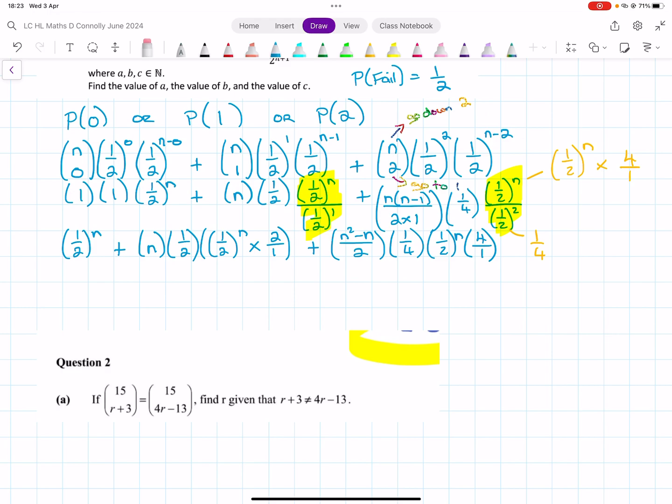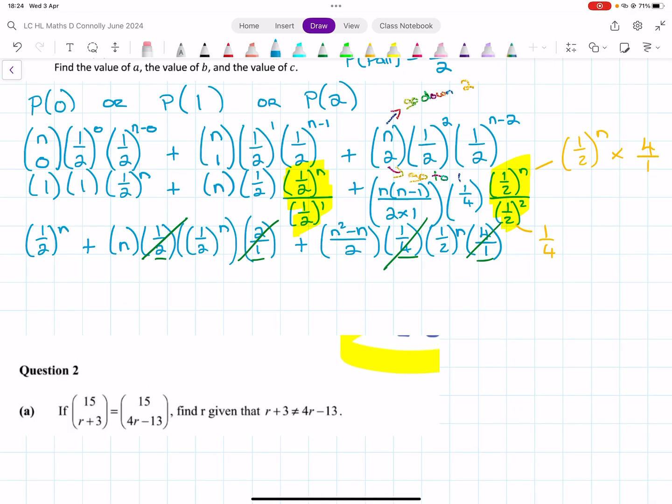Sorry, I don't know why I used a multiply sign here and I didn't anywhere else. Oh, hang on now. A half times 2, that's just 1. And the same thing happens here. A quarter times 4 is just 1. I have a half to the power of n in all of them.